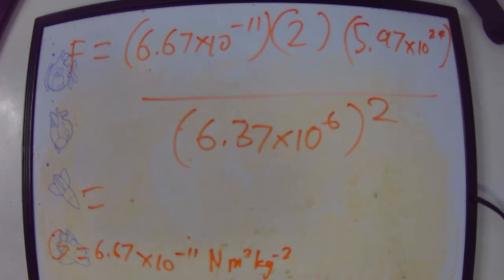Times 2 times 5.97 times 10 to the power of 24. Yeah, okay, go ahead. I'm also calculating. Actually, it's in the textbook, but go ahead and calculate that.